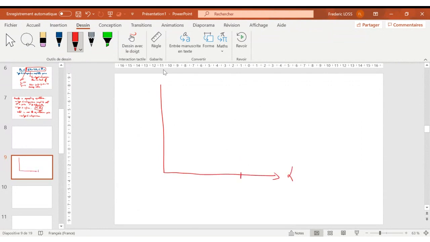So this is alpha. Alpha belongs to 0, 1. And you've got a function of alpha, which is alpha square over 1 minus alpha. So you see that you've got a function which is like this. And there is somewhere a constant.